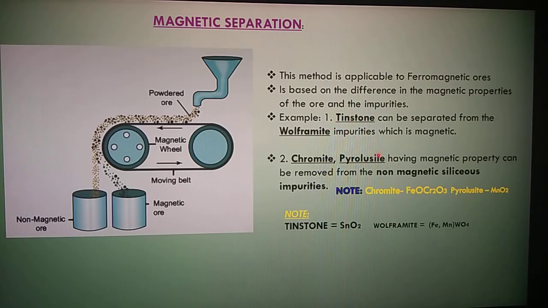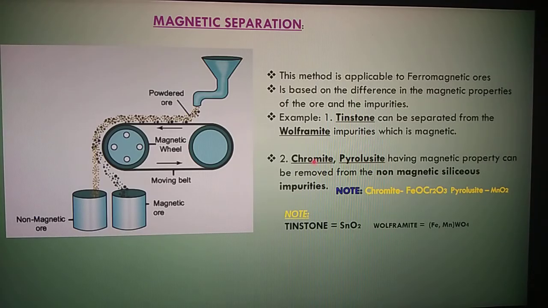And the second example, chromite ore and pyrolusite. Just see, in chromite ore, Fe is present, and in pyrolusite, Mn is present. Okay, so chromite ore and pyrolusite. Here, the material with magnetic property can be removed from the non-magnetic siliceous impurity.